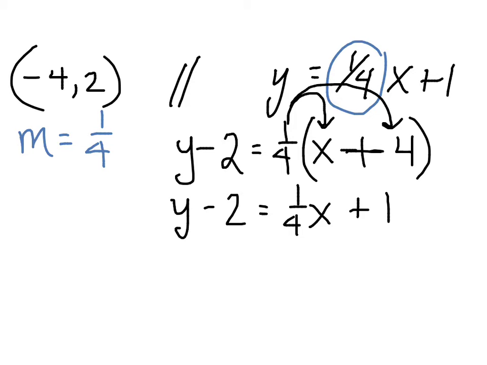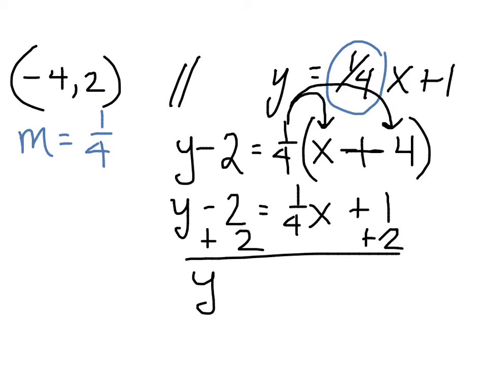Then in order to get y by itself, how would I get rid of a subtract 2? Add 2. And what's 1 plus 2? 3. So my answer for a line that's parallel to it is y equals 1/4 x plus 3.